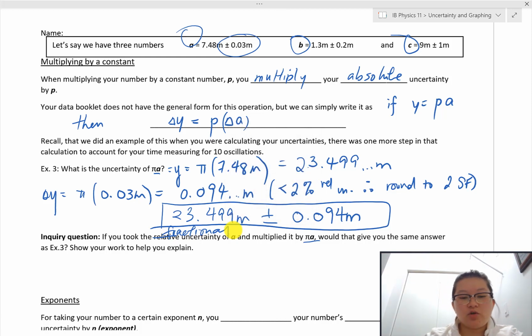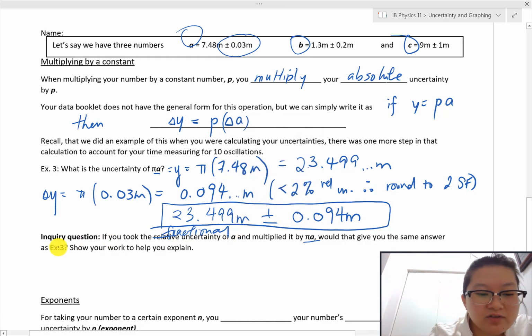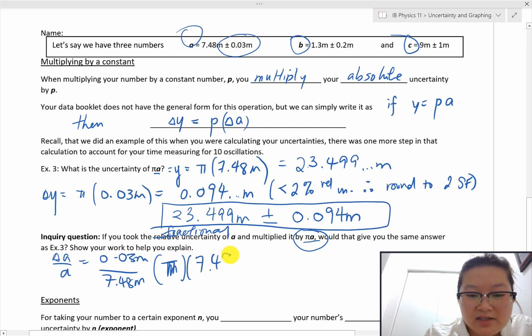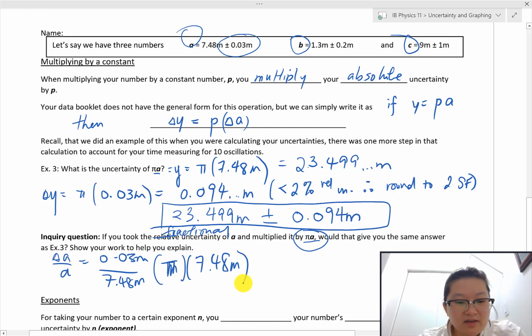And here, let me show you now. The fractional uncertainty of A is going to be 0.03 meters divided by 7.48 meters. Then I'm going to multiply by our final answer, so that's pi times A, which is 7.48 meters right now, okay? You might notice the 7.48 meters just cancel out like that.